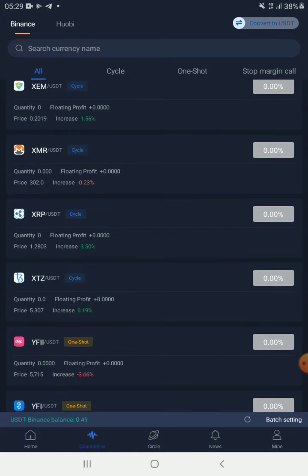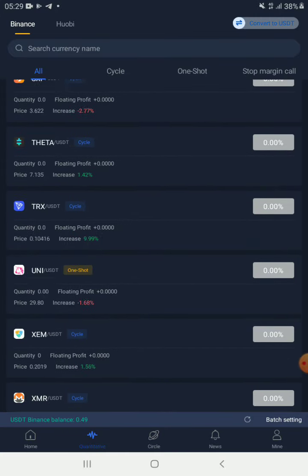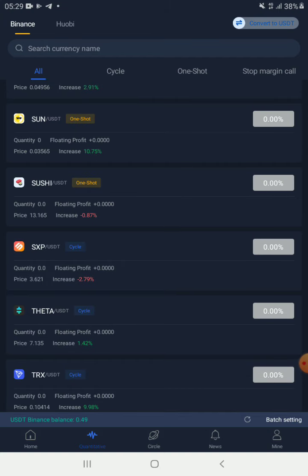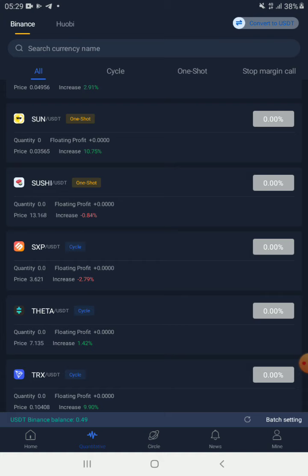Once you have gone through all the negative coins, these coins have all performed well at some time. A coin like Sun was really doing badly a few weeks ago, really down like minus 20, but look at Sun today: it's a plus 10% increase.